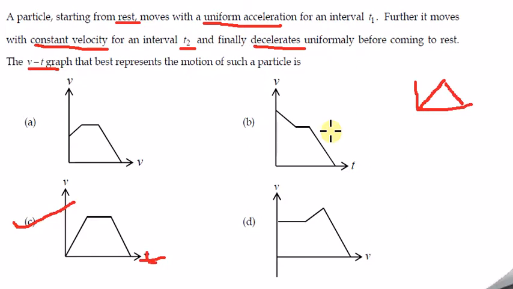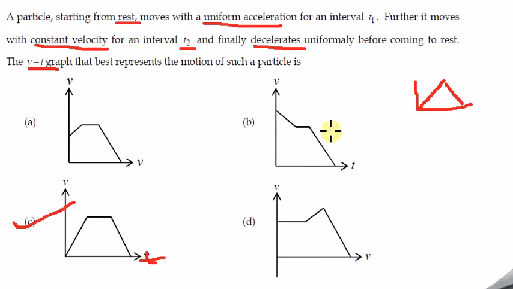Let me revise: velocity is nothing but speed in a particular direction, acceleration is the rate of change of velocity, and deceleration is the opposite of acceleration, that is, a reduction in speed in a particular direction.